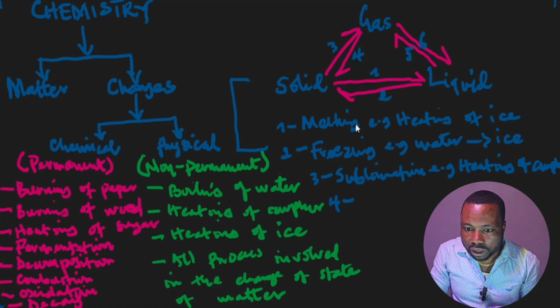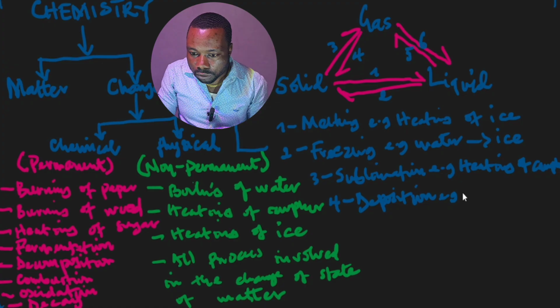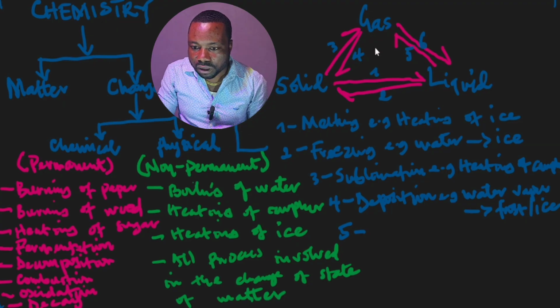Number 4 is showing a gas to a solid. We call it deposition. Example, water vapor changing to frost or ice. Number 5 shows a liquid changing to a gas. We call it evaporation.